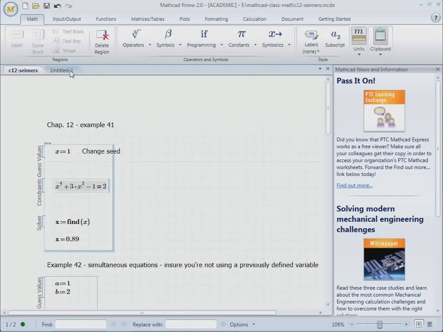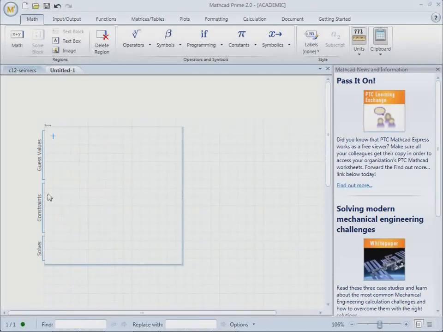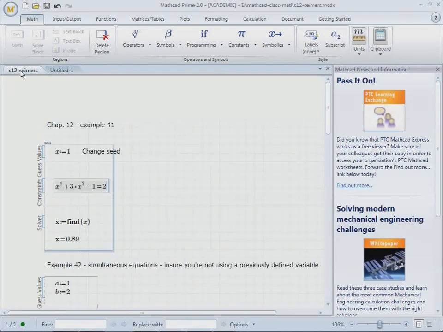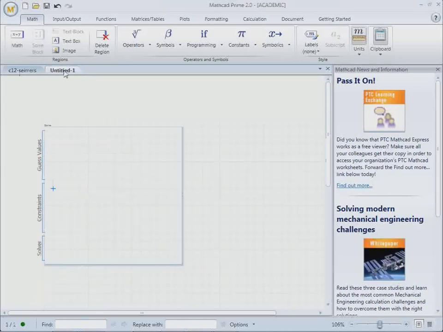So let's go to the untitled one. We've got our solve block inserted. We insert the equation. What was it? X to the fourth plus 3x squared minus 1 equals 2. X raised to the fourth minus 3 times x raised to the 2. Oops. By the way, have you guys noticed that?